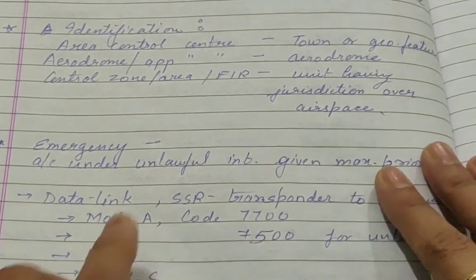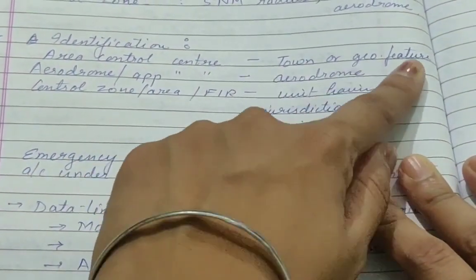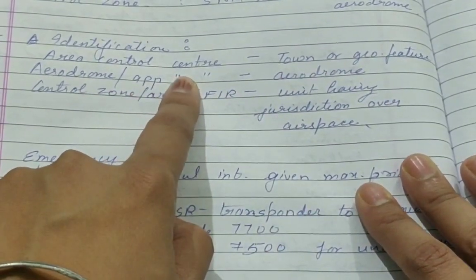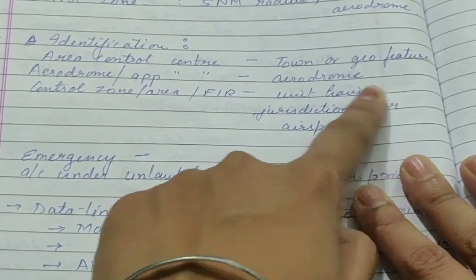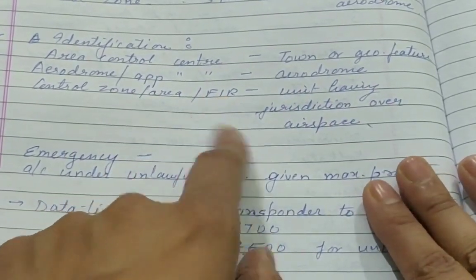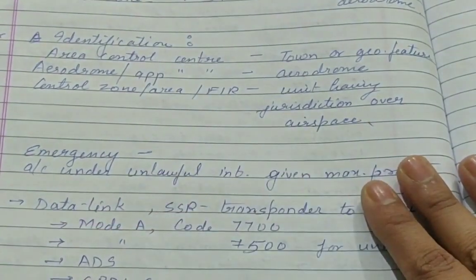Area control center is identified by the town or the geographical feature's name. Aerodrome or approach control is denoted by the name of the aerodrome. Control zone, area and FIR have the name of the unit whose jurisdiction is over that place.